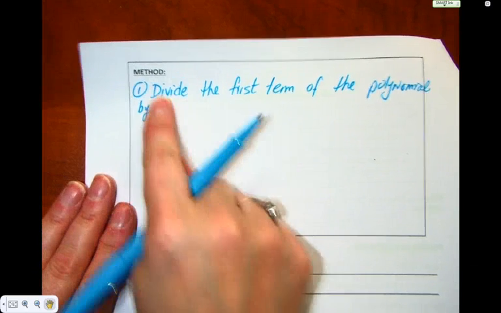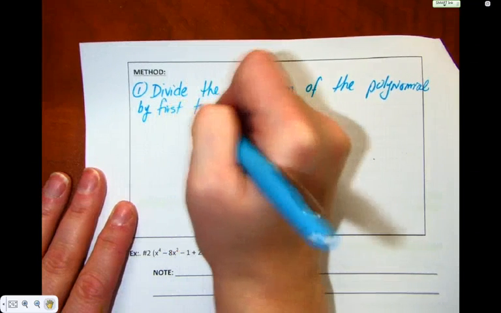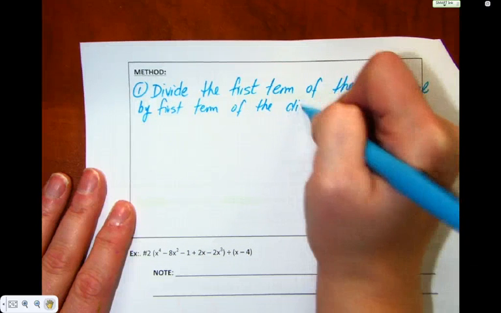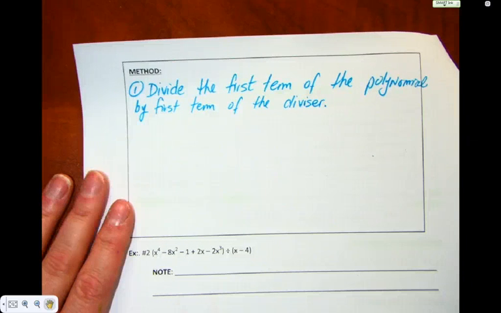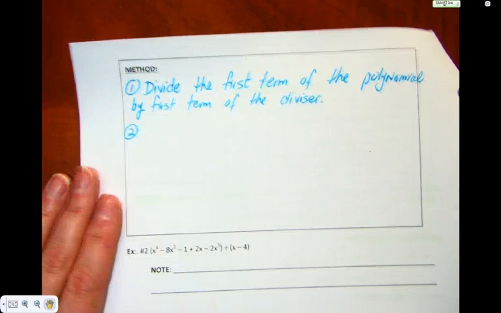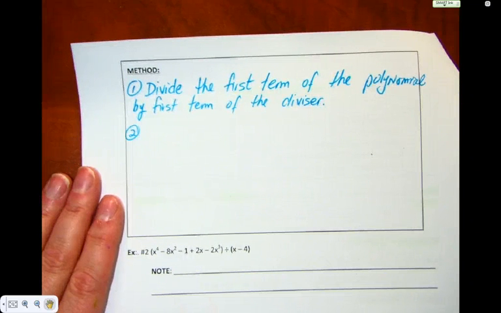Do you need more? Oh, okay, so by the first term of the divisor. And if you're not going to remember what a divisor is, then make yourself a note. Okay, so there's division.